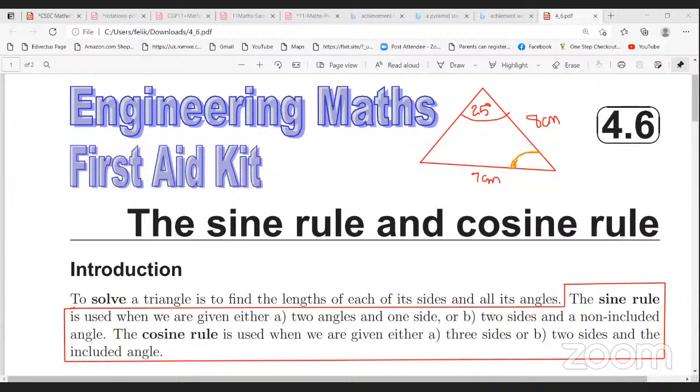Okay. So we're going to look at some questions now. Not necessarily working out the questions, but just to identify what we would use in which case. See if we can get that.